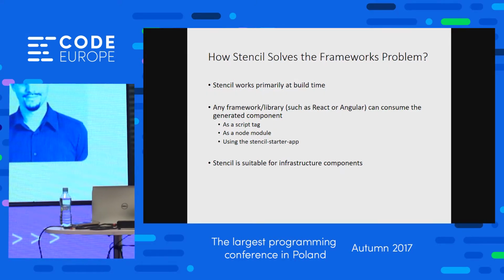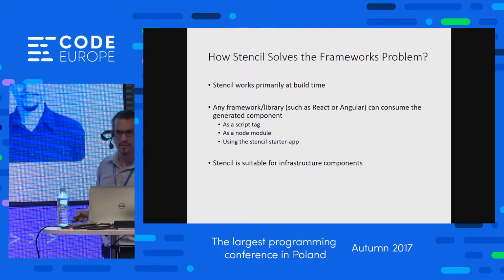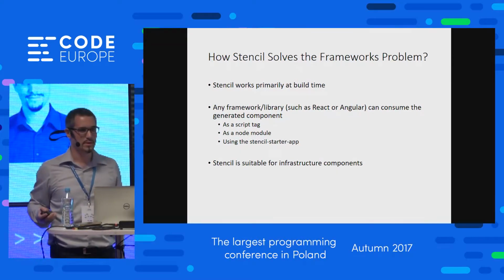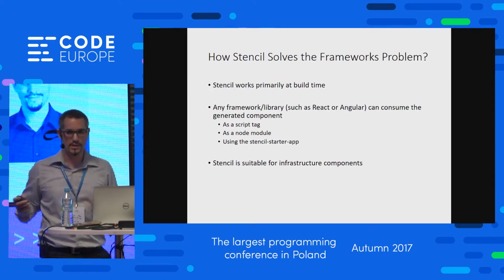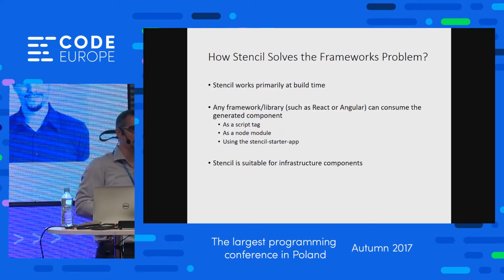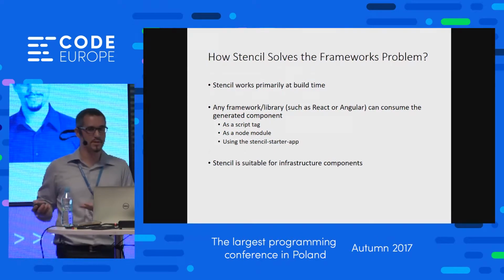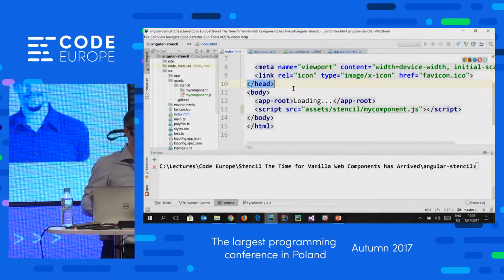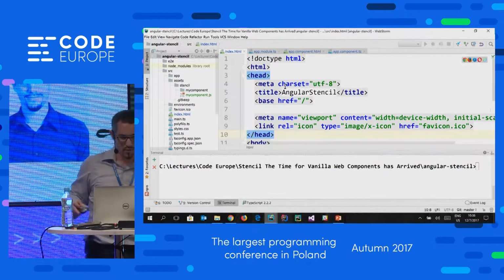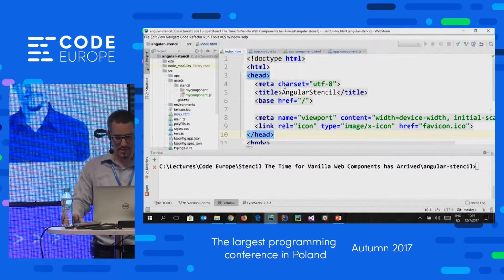Any library. And this is why it's really suitable for infrastructure components. You don't need to use Angular or React or anything else in order to create infrastructure components. You can create those with Stencil, and then you have custom elements which are reusable in any project that you have in your company.